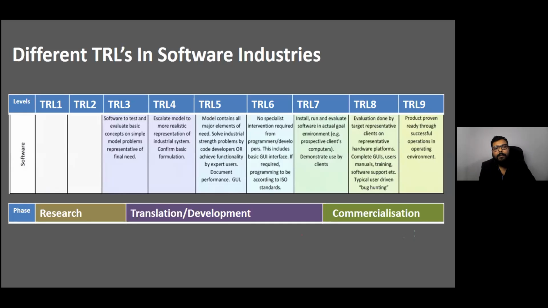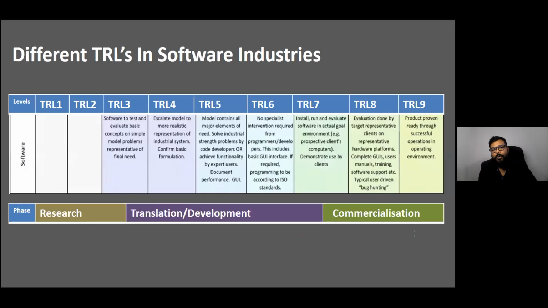It's anything, right? So based on that, we have the final goal. We need to develop or resolve those problems. So according to that, in TRL level 3, we need to test that software.